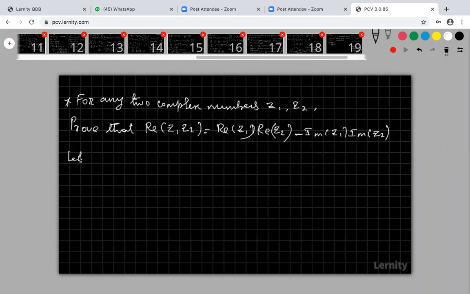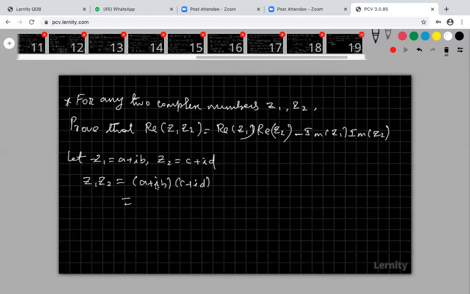So I take my complex number Z1 as A plus iB, and my Z2 as C plus iD. What is my Z1 Z2? My Z1 into Z2 is A plus iB into C plus iD. Now multiply.